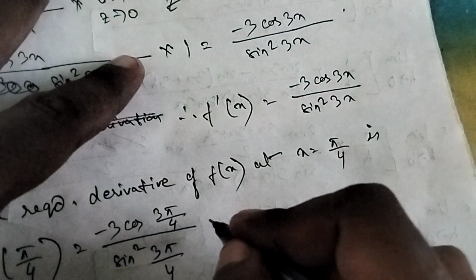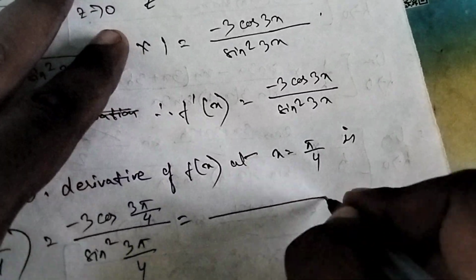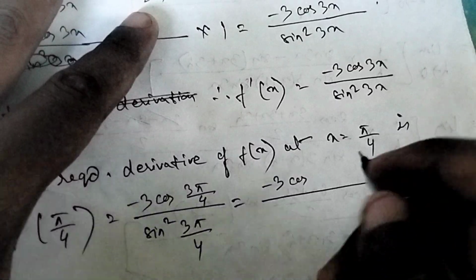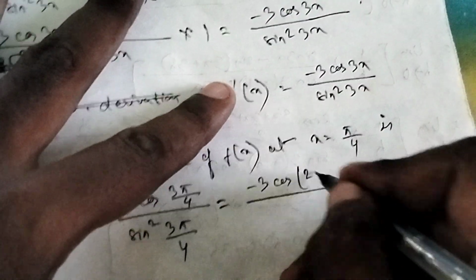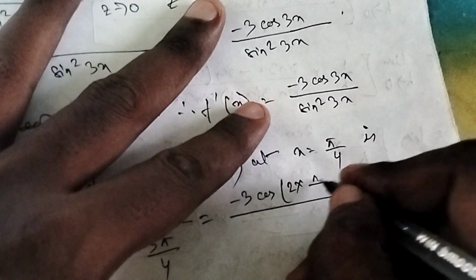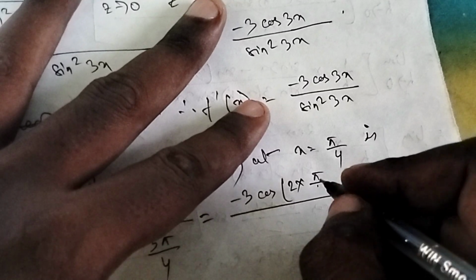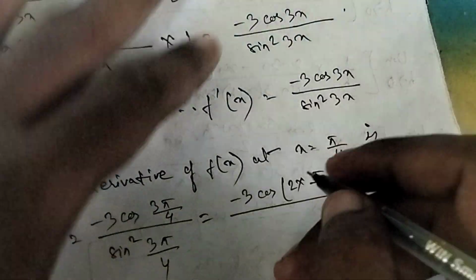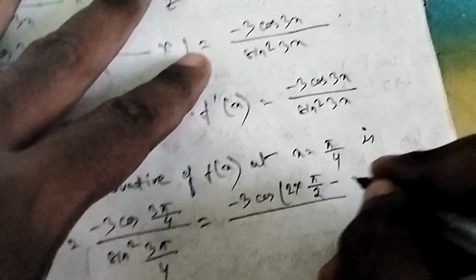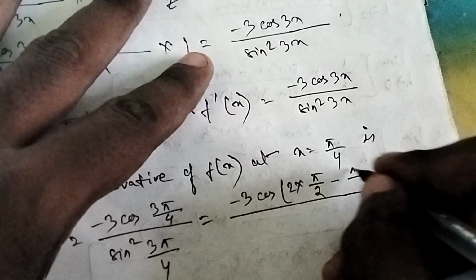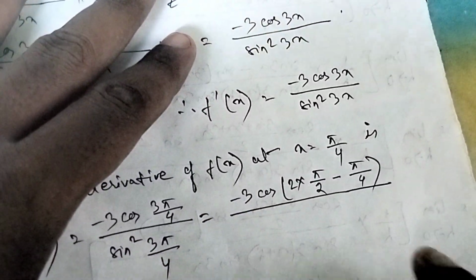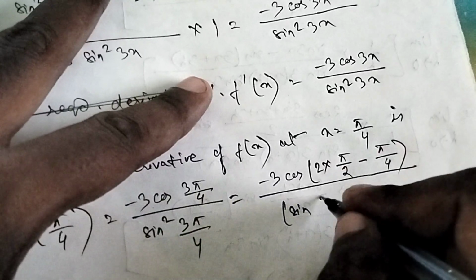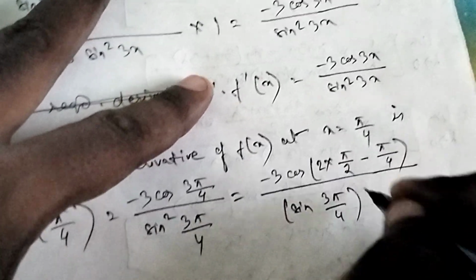So we will write it as minus 3 cos 3 pi by 4, we can write in this way, 2 into pi by 2 minus pi by 4. Okay, and in the denominator we'll write in this way, sine 3 pi by 4 whole square.